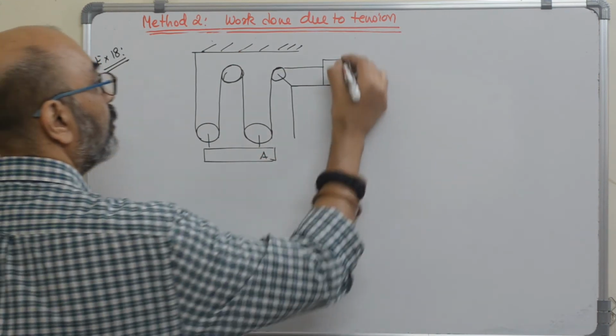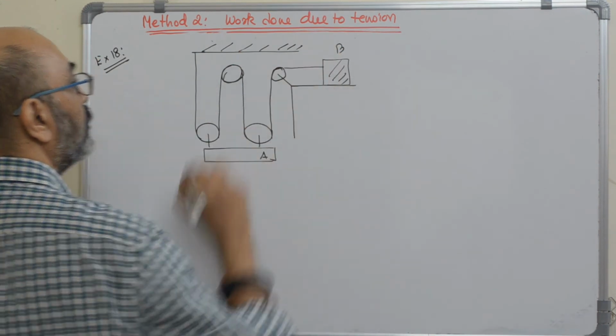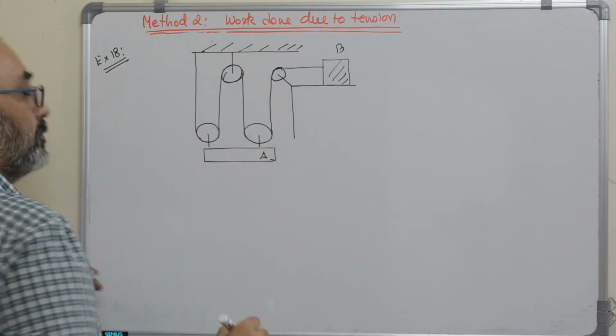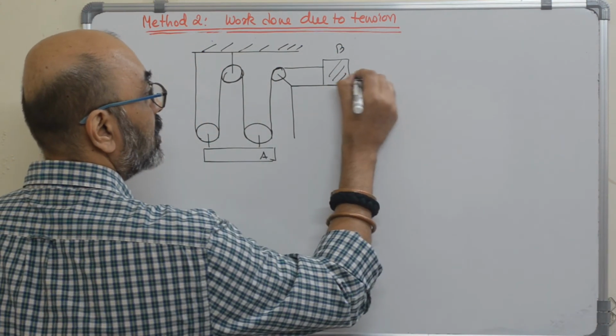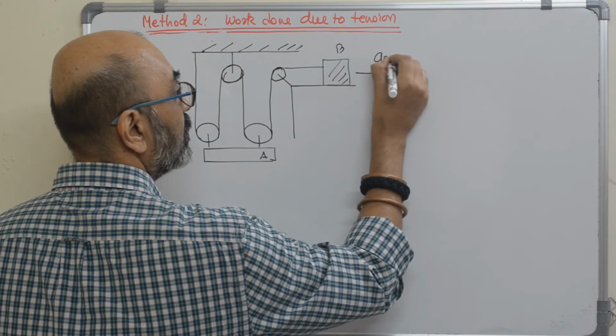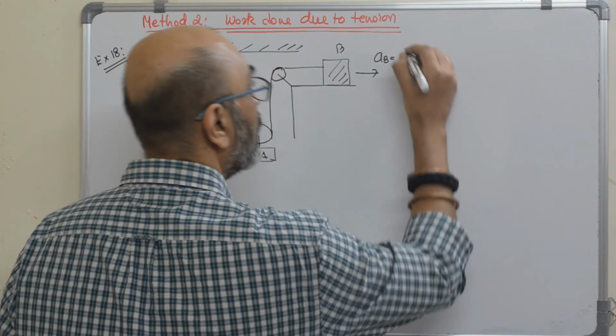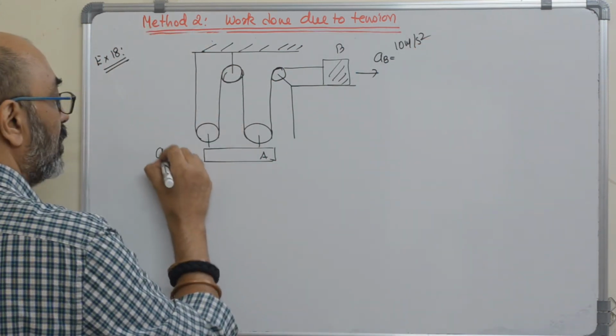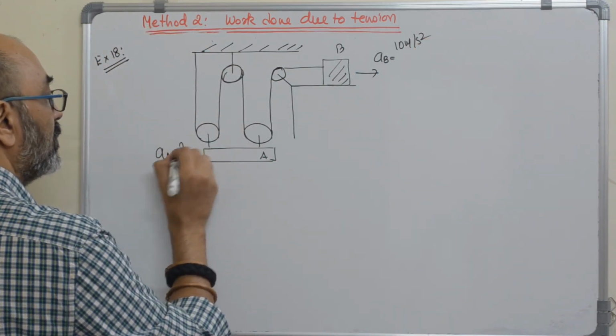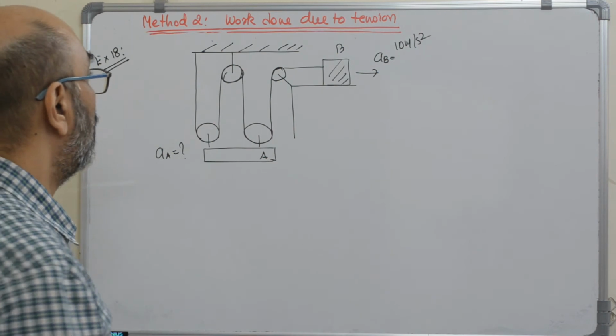That is A, that is B, this is fixed over here. Okay, and acceleration of B is given as 10 meter per second squared. Acceleration of A कितना है वो find out कर रहे हो.